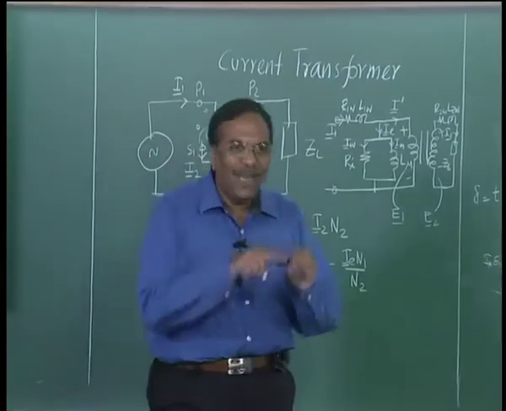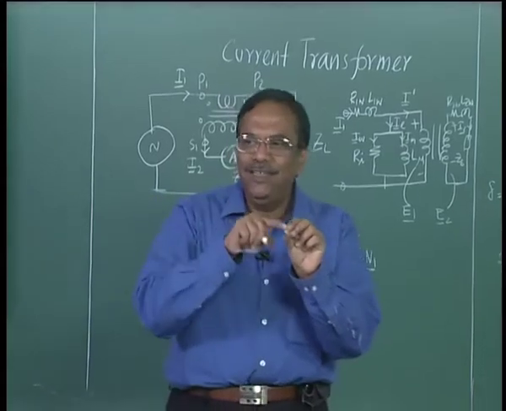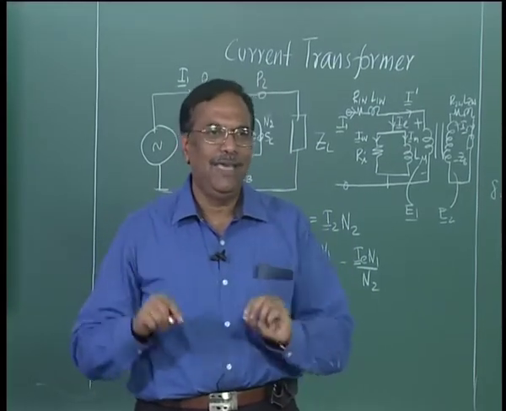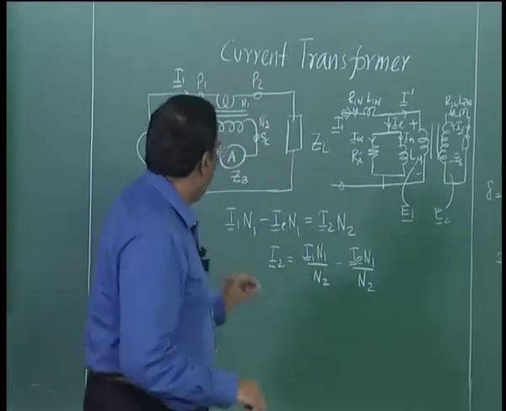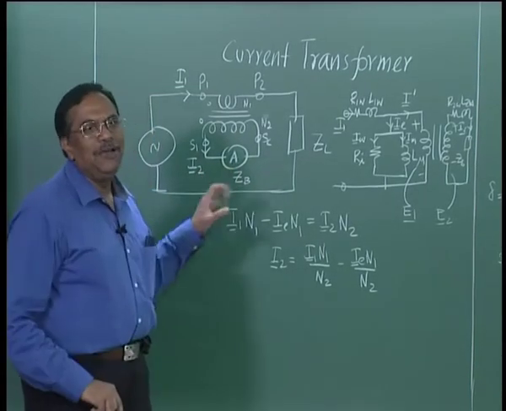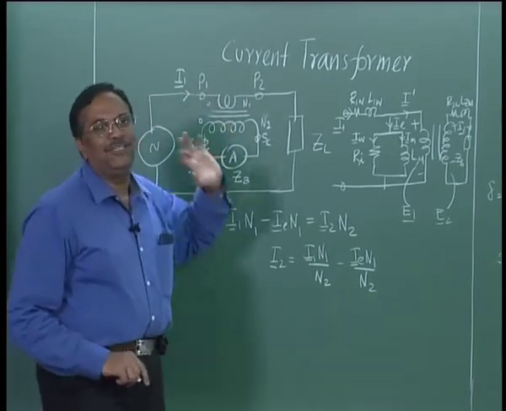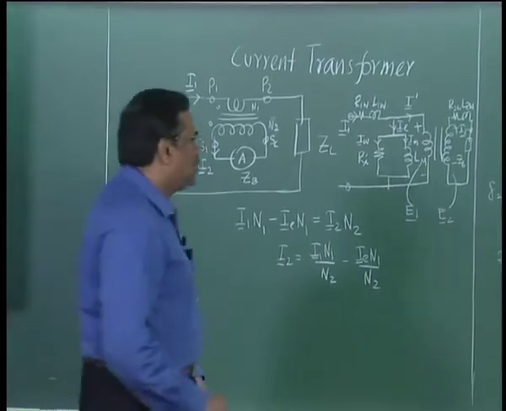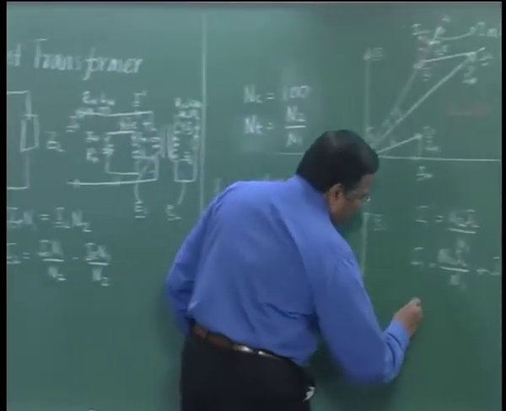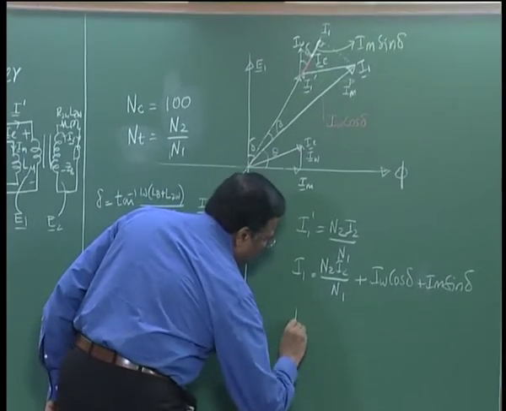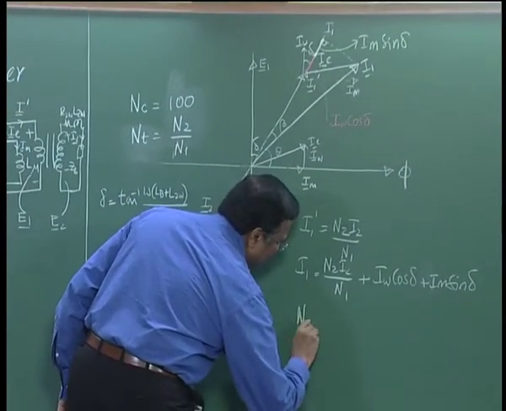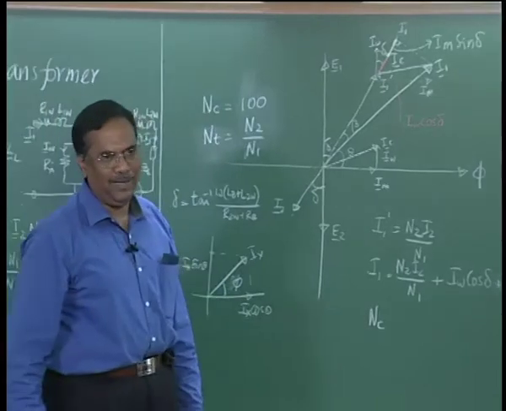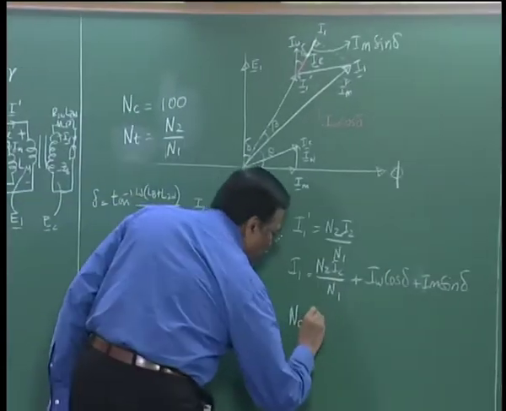In fact, in most cases we do not even use a 1 ampere ammeter, we mark on the ammeter itself instead of 1, 0 to 100, right. Okay. So, how did I do that? I simply looked at the ammeter reading, multiplied by the nominal ratio of the current transformer and got my primary current reading, right. So, my measured value is NC, the current transformer nominal ratio, into I2.